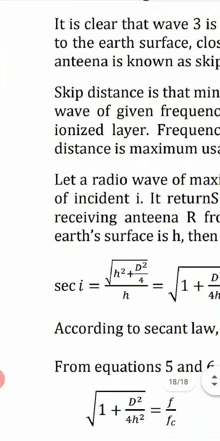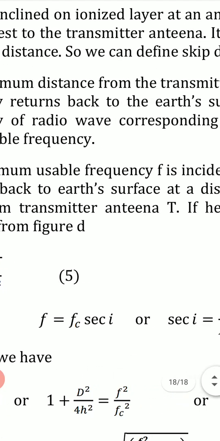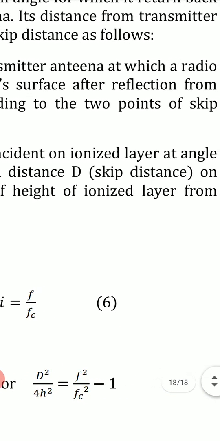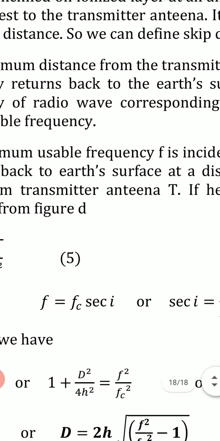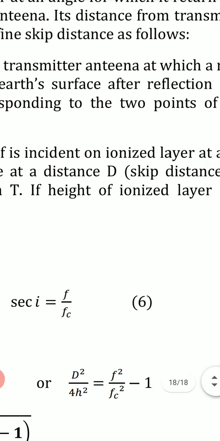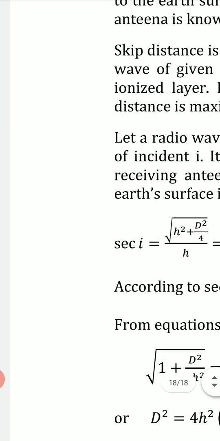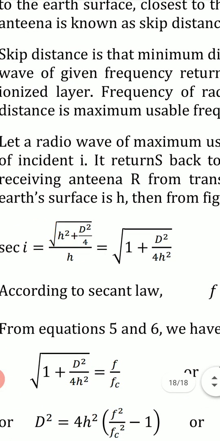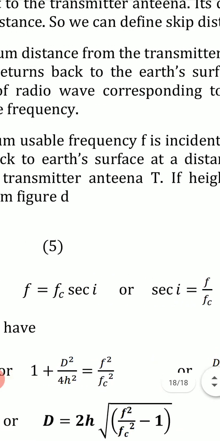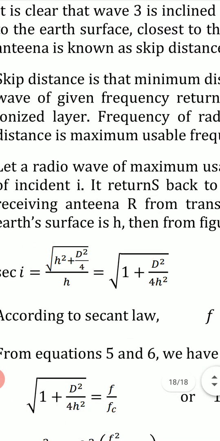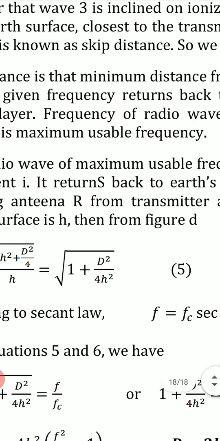Skip distance is that minimum distance from the transmitter antenna at which a radio wave of given frequency returns back to Earth's surface after reflection from the ionized layer. The frequency of the radio wave corresponding to the point of skip distance is the maximum usable frequency.